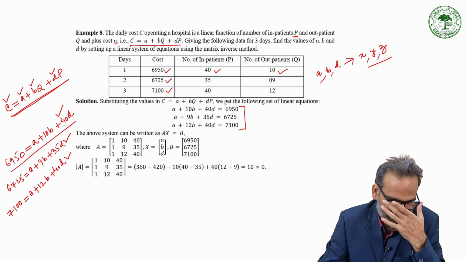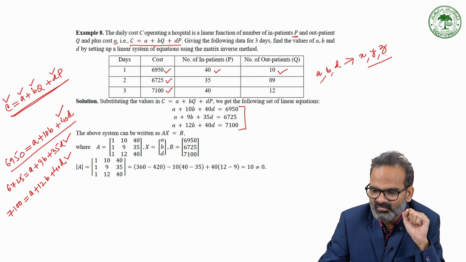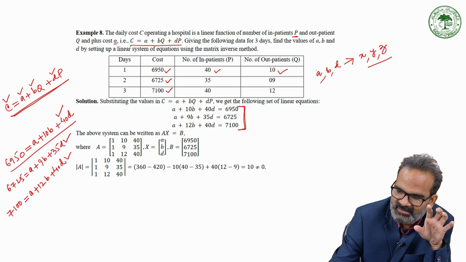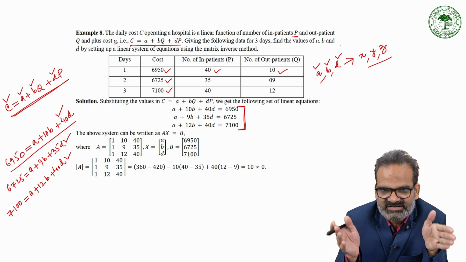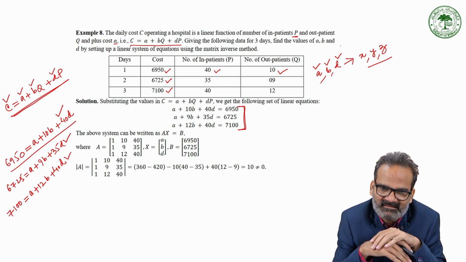So here the variables X, Y, Z are replaced by the new variables A, B, D. So solution of this system means determining the values of A, B and D which simultaneously satisfy the given system of equations.